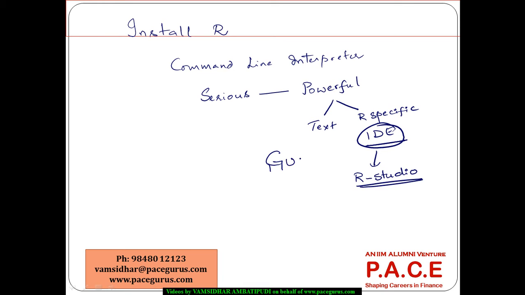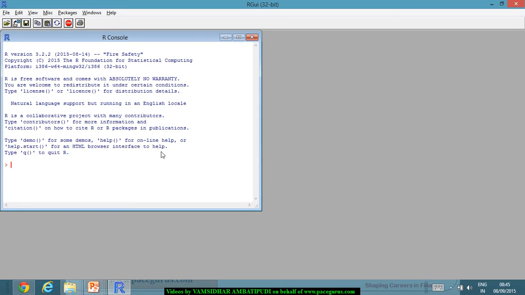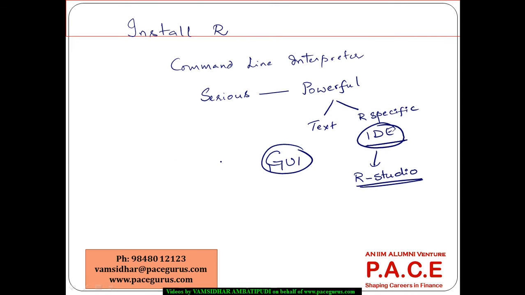Because for very basic programming, even this GUI which R is providing is sufficient for us. But only if I am going for much more serious programming, doing many bigger lines of text, this is where R Studio comes more and more handy. We'll talk about the usage of those things.